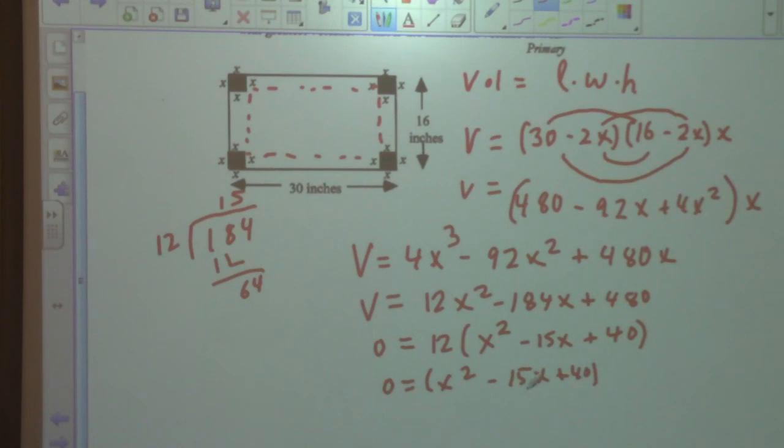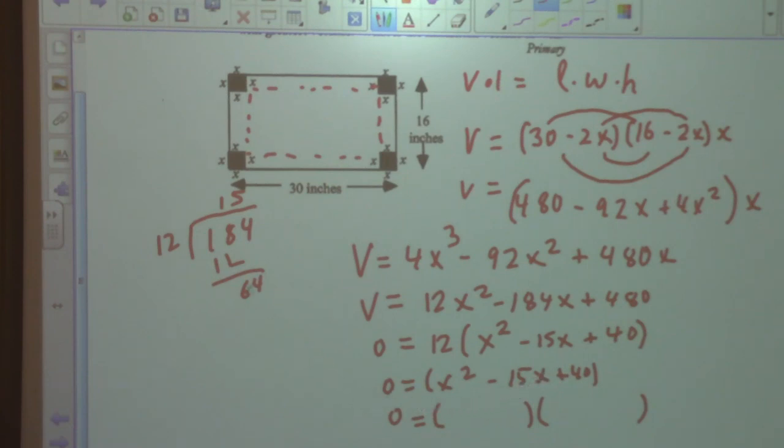The only thing I can think of is negative 4 and negative 10, but that adds to negative 14.